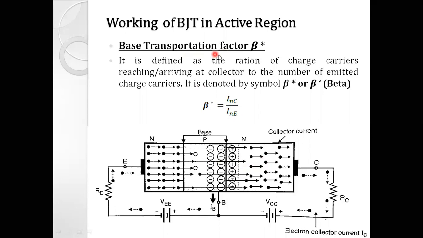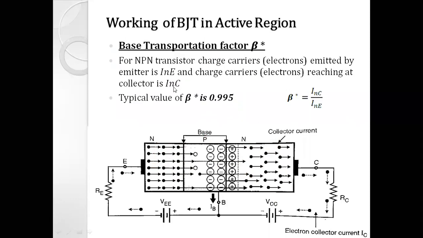So this base transportation factor defines the number of carriers received by the collector divided by the number of carriers injected by the emitter, that is INC and INE. The typical value of beta is 0.995.